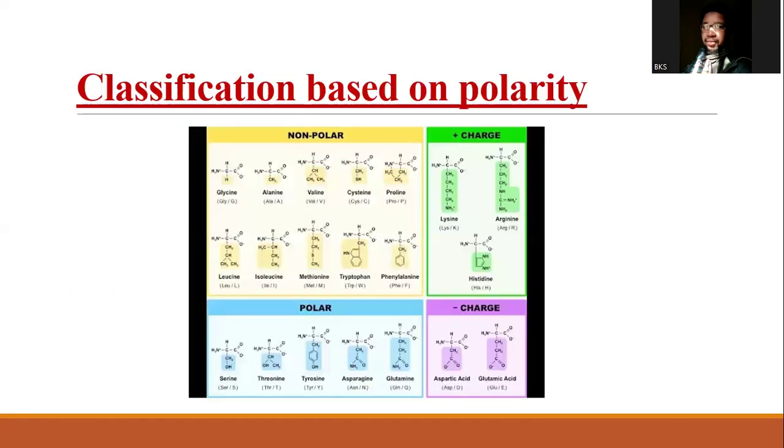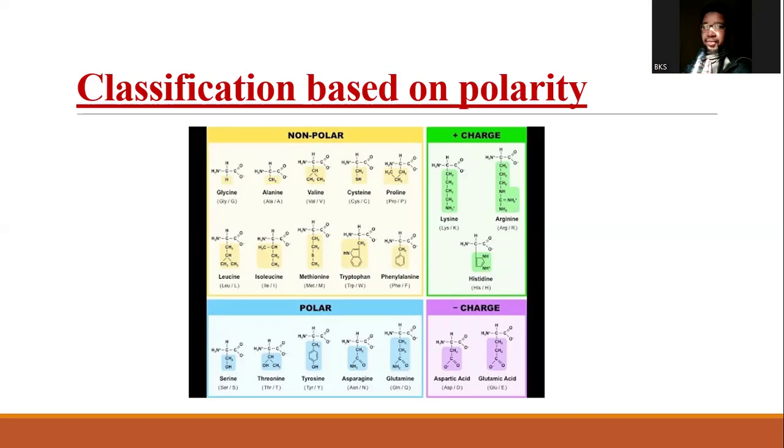Then the next classification is based on polarity, where we said they are classified as charged, negative, positive, non-polar, and polar. So there are charged amino acids, and we say these charged amino acids in solution can interact with the ions that are produced in water, the hydroxide and hydronium ions.